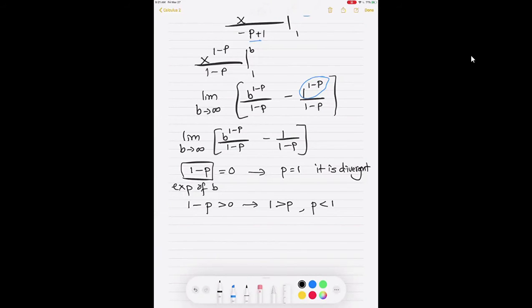Okay, let's look at that one. So you are saying this is a positive number. I'm sorry, 1 minus p is greater than 0. So this is a positive number.